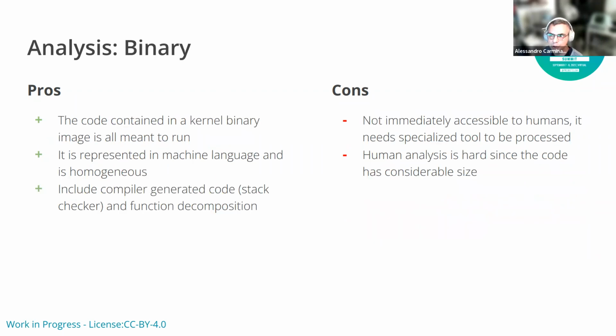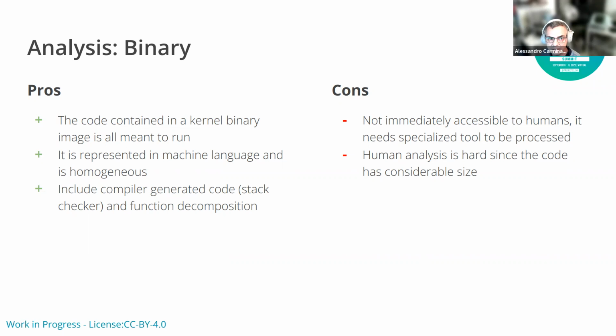The other option is the analysis of the binary image. I can anticipate this one is the one of our choice. On the pro side, the binary image contains exactly what is run, and it is homogeneous, only machine language. Every optimization done by the toolchain is included and taken into account during the analysis.